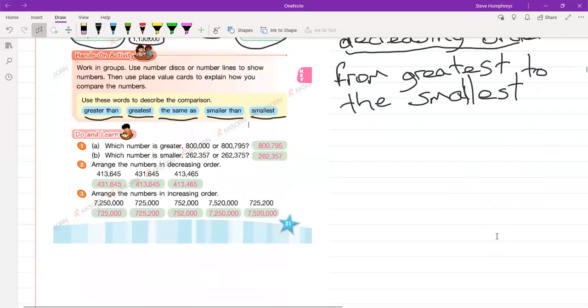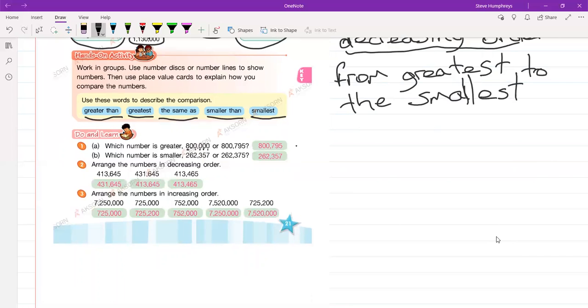Okay, page 21, do and learn. Which number is greater? Okay, as I showed you, compare each digit. Start with 100,000s, then the 10,000s, then the thousands, then the hundreds, then the tens, and then the ones, and write your answer in the box.